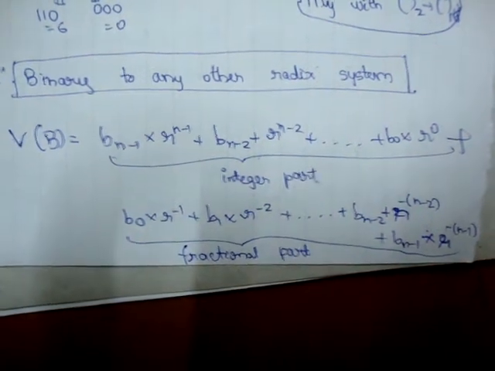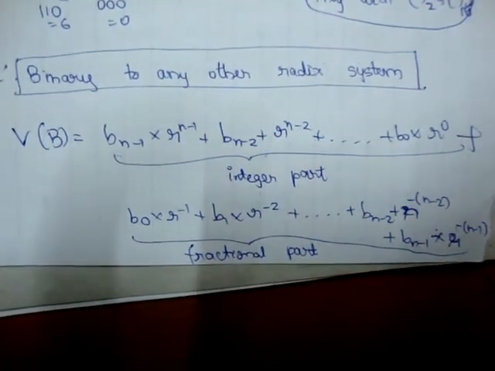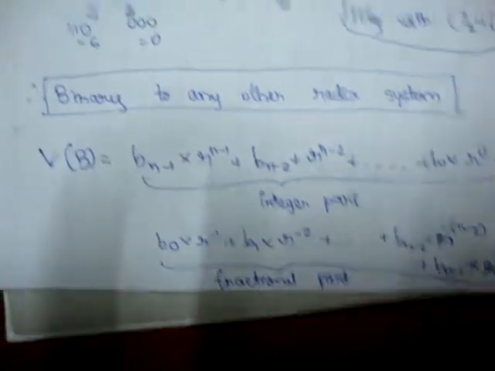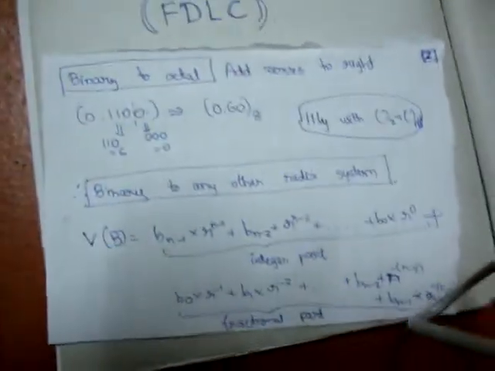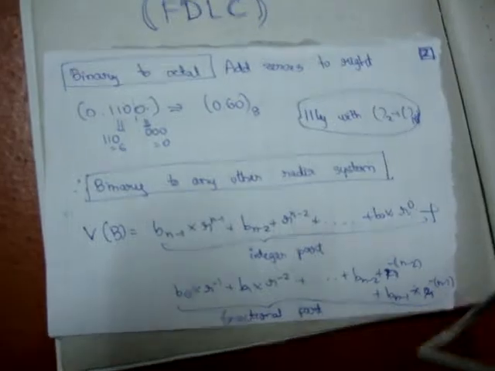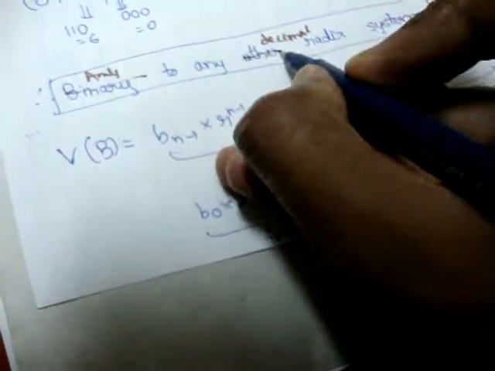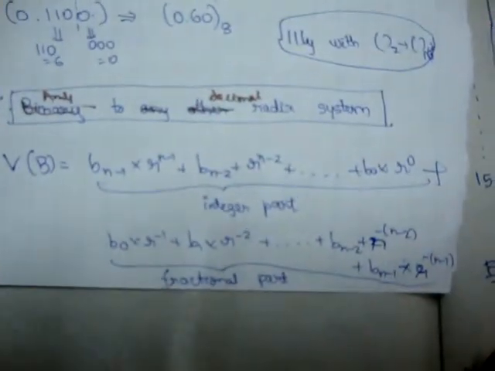In place of R, you put the radix of the number system you want to convert into decimal. Sorry, it's not binary to other radix, my mistake; it's any number system to decimal.